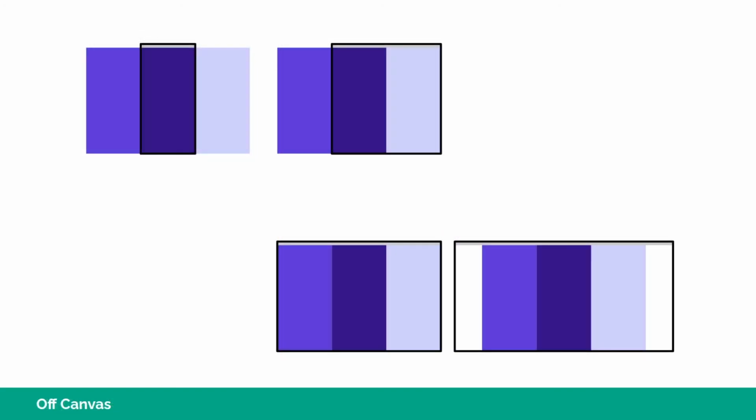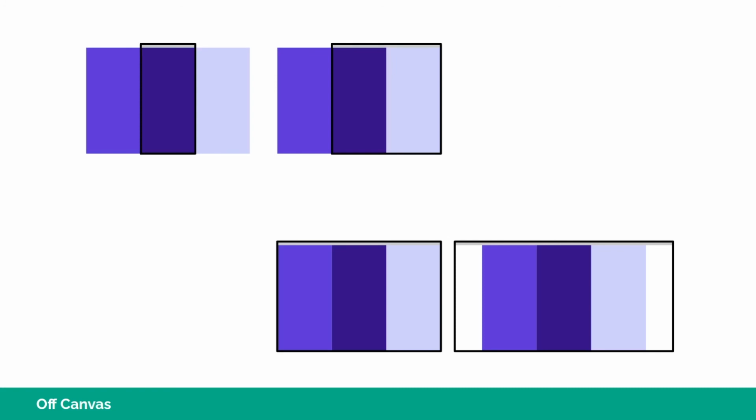Now the last one is off canvas. Also, as the name implies and as the graphic shows, the changes are on what is shown on the screen when it gets narrower. Alright, so when the display is very small, the first example, it shows only the most important or the more important column on the screen, and that is usually the content.